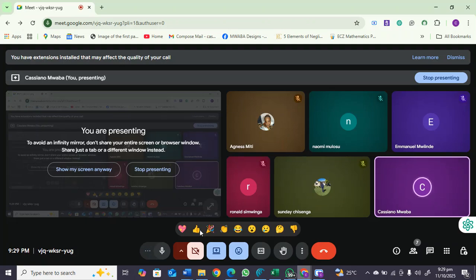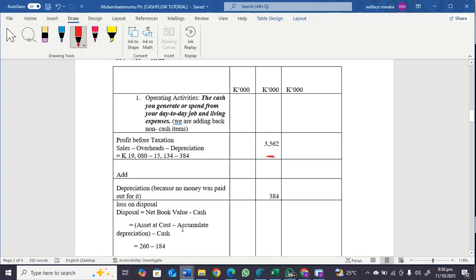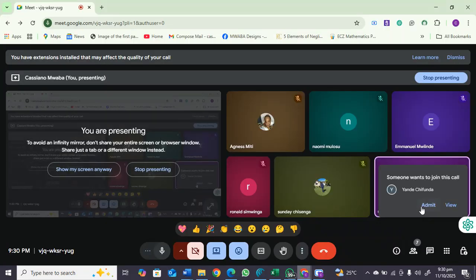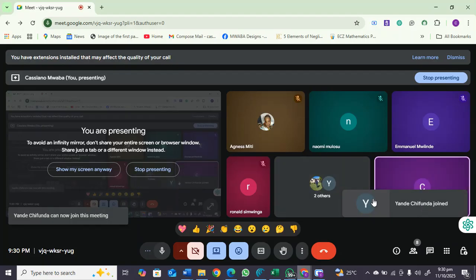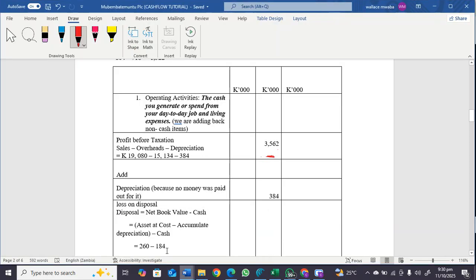So how do you calculate if you've got either a gain or a loss? Because if it's a gain, it will be treated differently. You need to subtract. If it's a loss, you will need to add. So this is how you find out if you made either a gain or a loss in the disposal of an asset.